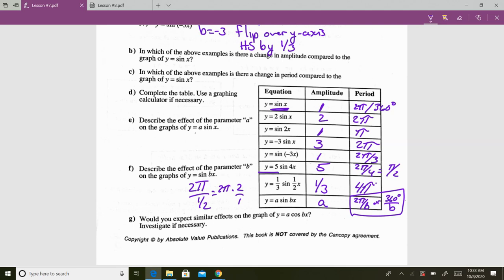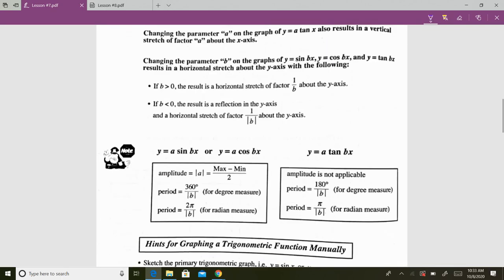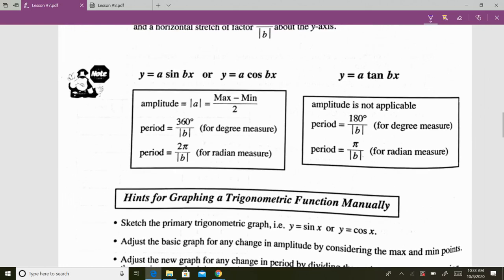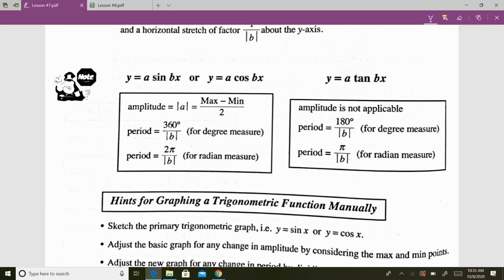Which, when you flip the page, are in a nice little table for you. Right there. Okay. For sine and cosine, we've already talked about the amplitude. So this is good. This formula here is for graphs.